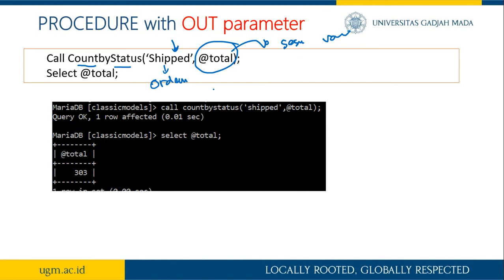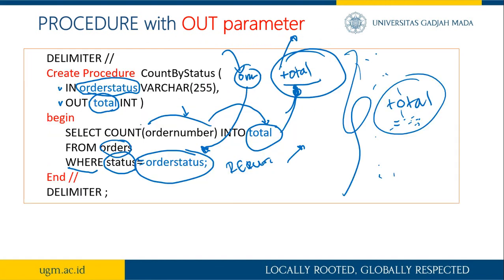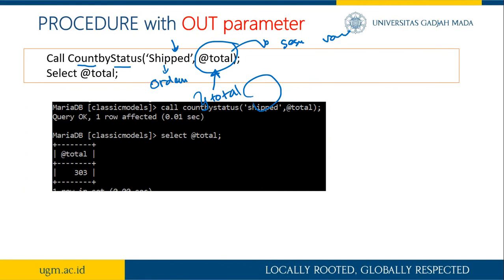Because it will be used to catch the total that is floating within the procedure. Just like I said before, the total value here is floating within the procedure. So we have to catch it. So we catch it using the at total, which is the session variable.